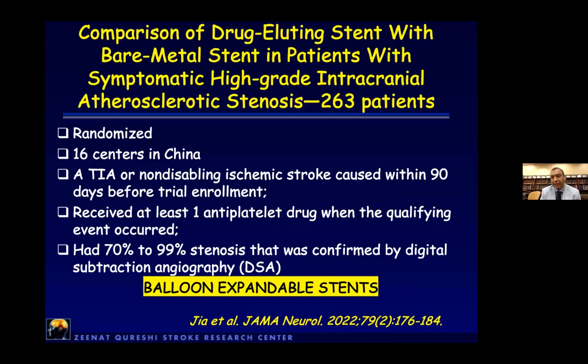They needed to have used at least one antiplatelet agent, with the qualifying event occurring despite the use of that antiplatelet agent, and needed to have 70 to 99% stenosis as measured by digital subtraction angiography. The only difference from the US FDA criteria is that a transient ischemic attack could be a qualifying event, which is a little different because the US FDA criteria requires an ischemic stroke.